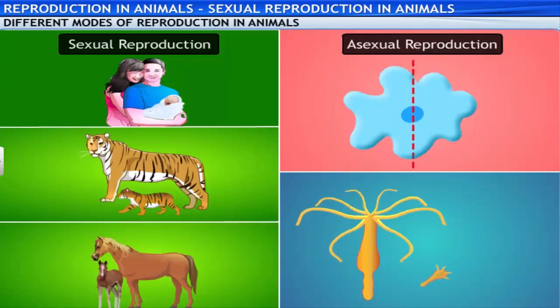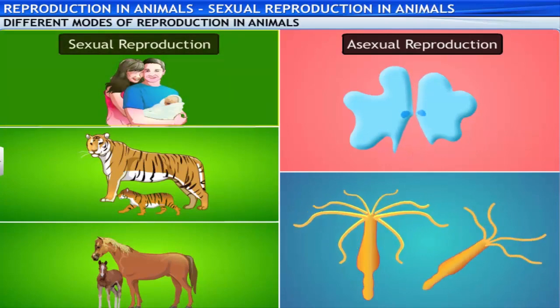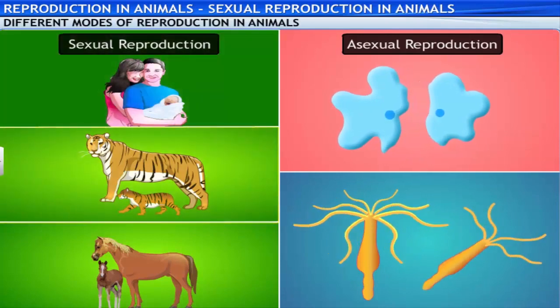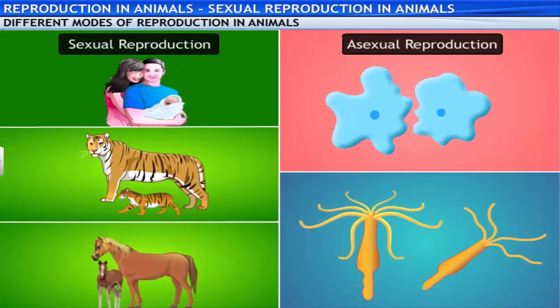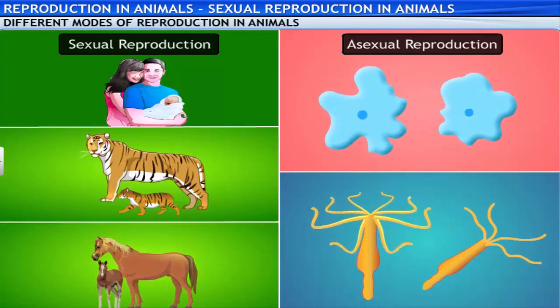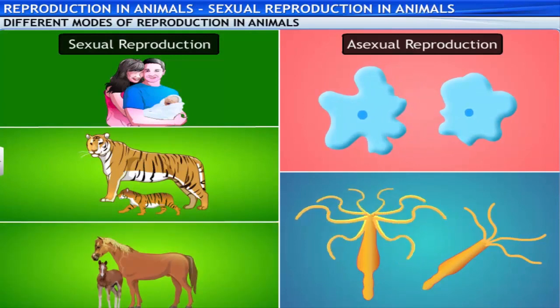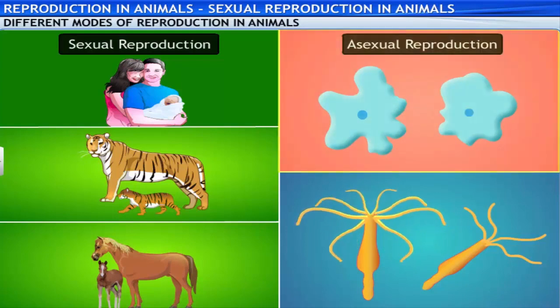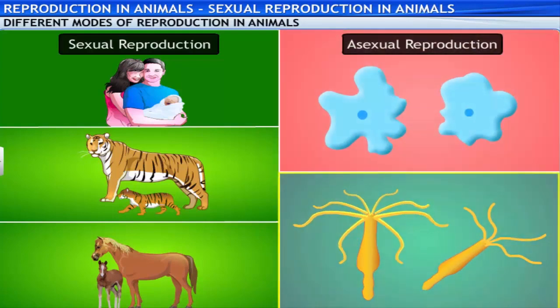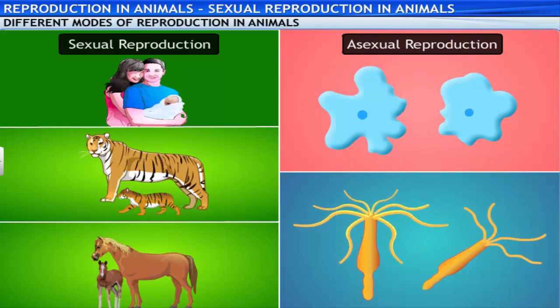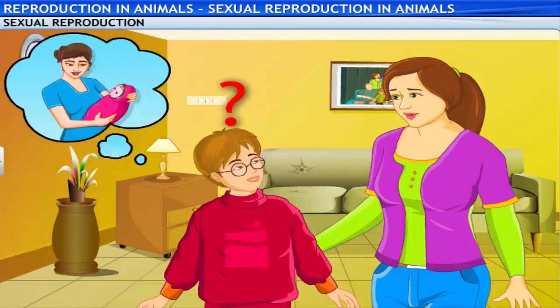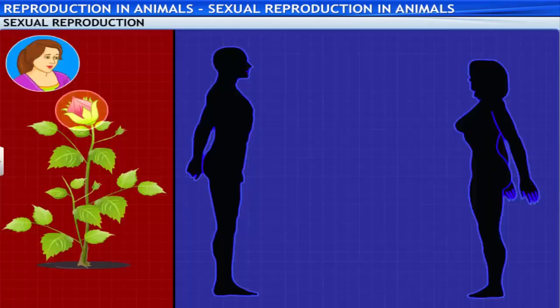For example, human beings and animals, such as tigers and horses, reproduce by sexual mode, whereas simple organisms, such as amoeba and hydra, adopt asexual mode of reproduction. So, babies are always born by sexual mode of reproduction?